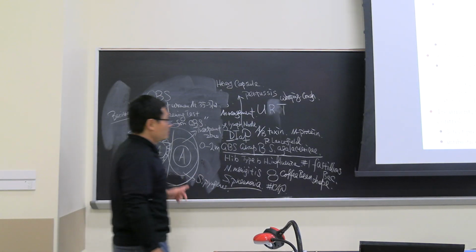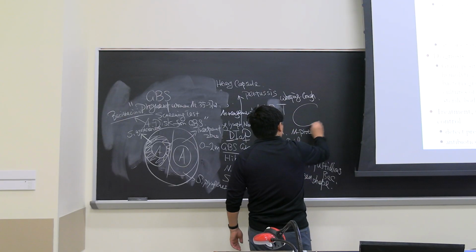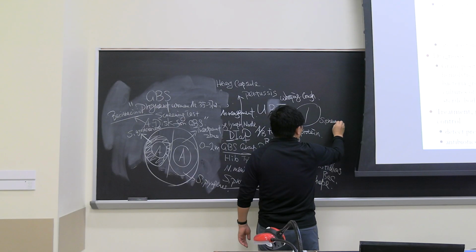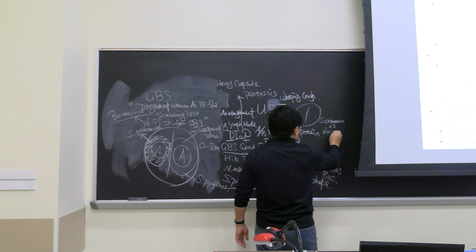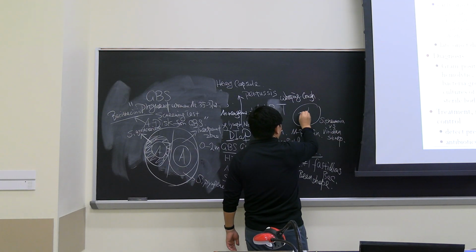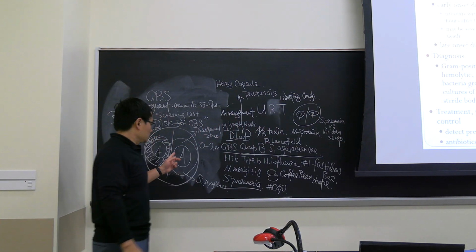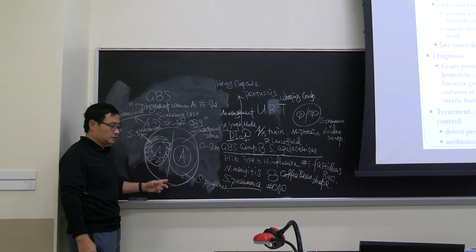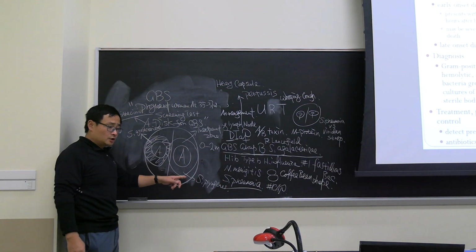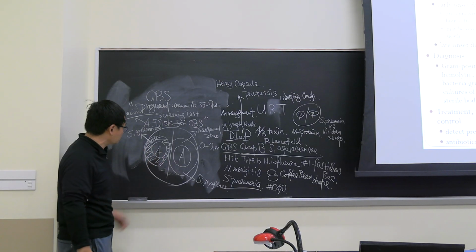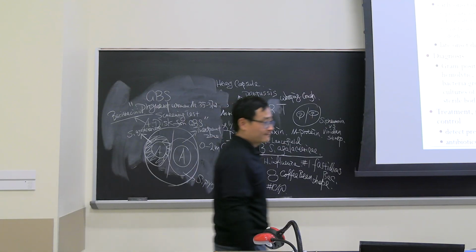So remember, to differentiate Streptococcus pneumoniae versus viridans strep, we use the P disc. The component is called optochin. If we want to differentiate Streptococcus pyogenes from group B Streptococcus, we use the A disc, and the component is bacitracin.